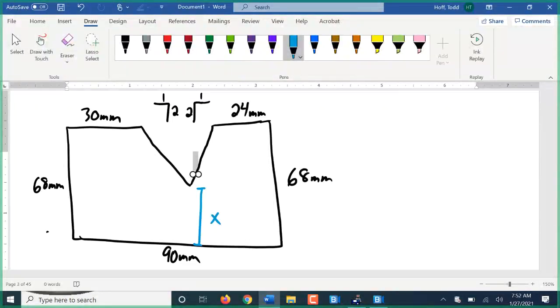Take a couple minutes, see what you come up with, then we'll take a look and see if you're on the right track.